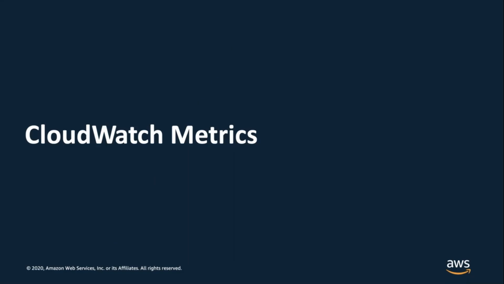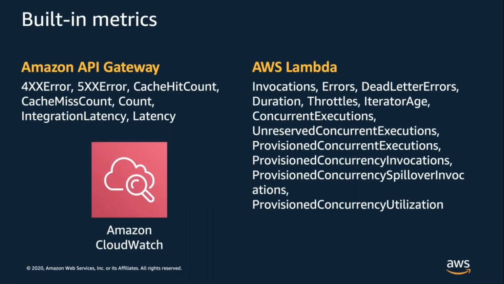Let's start with metrics. Right out of the box with CloudWatch and these three services, you get a lot of data. What you're seeing here are built-in metrics that, as soon as you configure an Amazon API Gateway and a Lambda function, you get a whole bunch of. Some of this data will depend on the specific configuration of the resource.